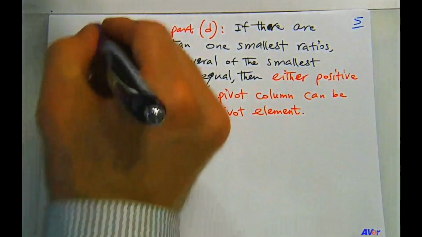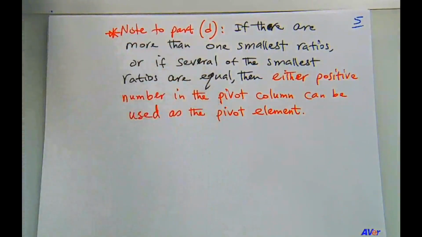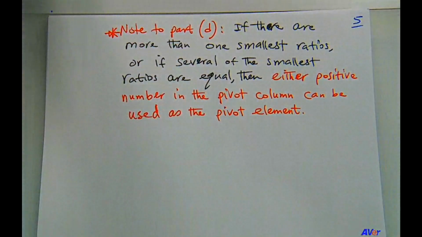Okay, so this is a very important note. If you calculate the ratios and you find that there are two or more ratios that are smallest but equal to each other, then whichever of the positive numbers in the pivot column led to these smallest ratios can be taken as the pivot element.